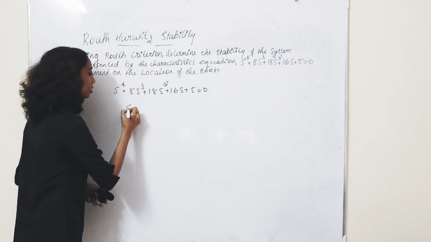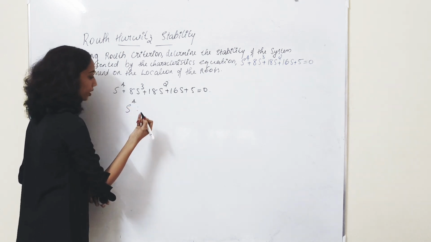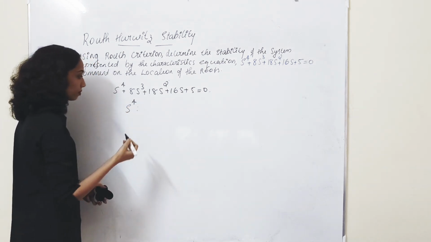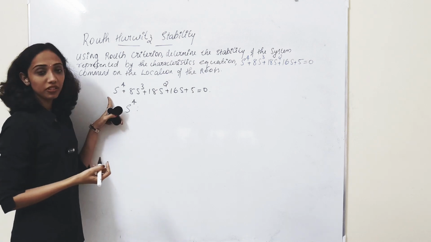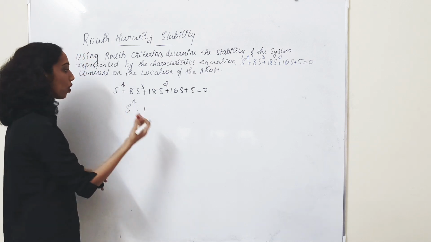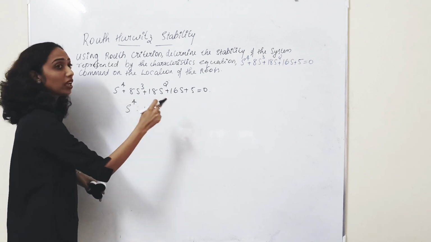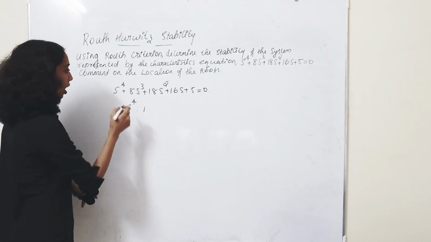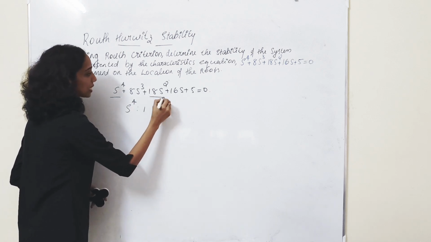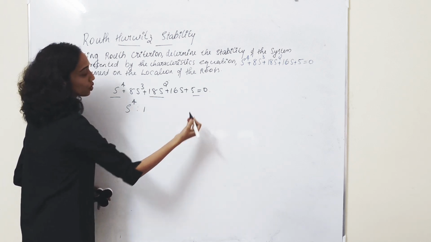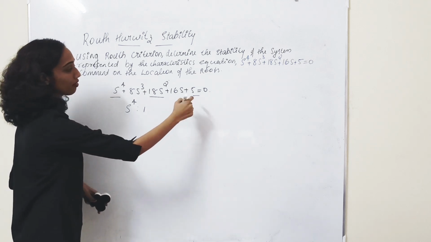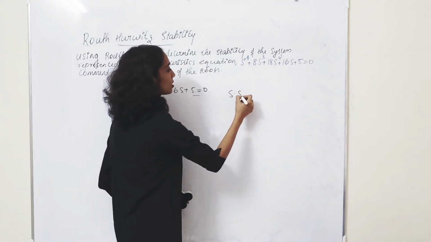So you can write the first number s raised to 4 here. Then the coefficient of s raised to 4 is 1. Then you have to write all the coefficients of the even numbers. How many even numbers are there in the question? s raised to 4, 18 s square and s raised to 0. s raised to 0 means 1, so here 5 means 5 into s raised to 0.